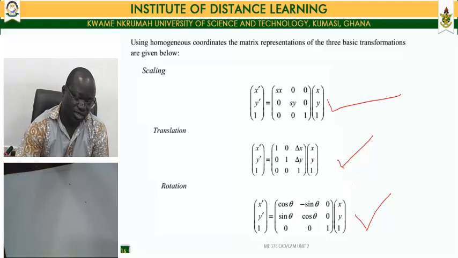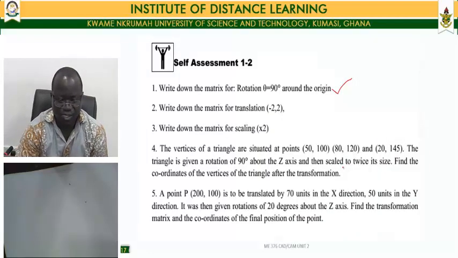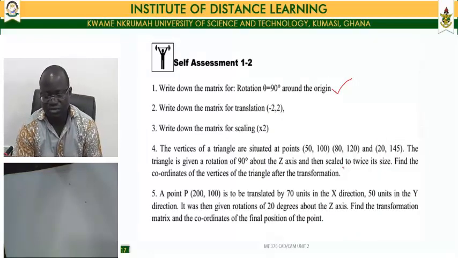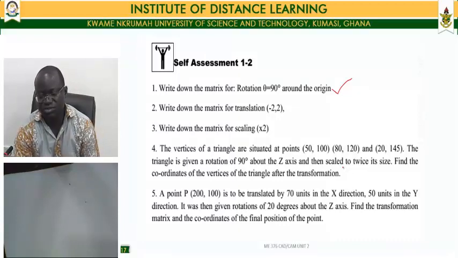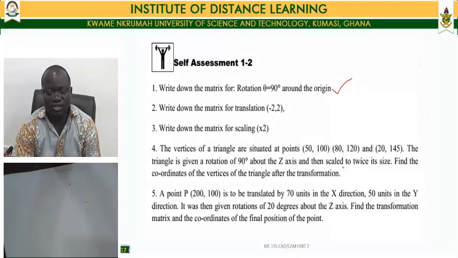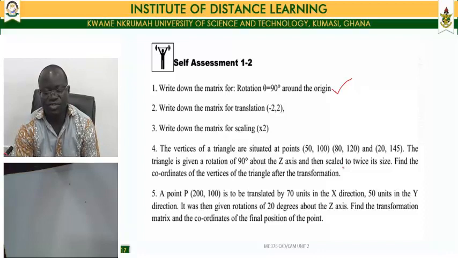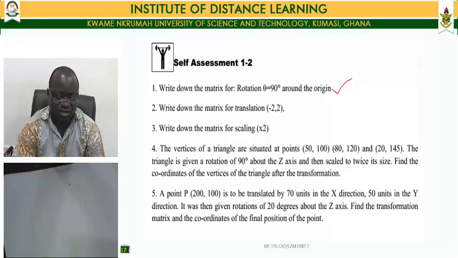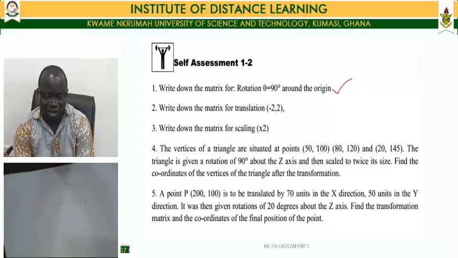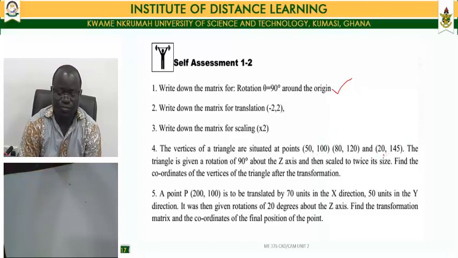Now, you can answer some of these questions here. You have a vertex of a triangle, which is these points, and the triangle is first given a rotation about z and then scaled to twice the size. You will have to find the coordinates of the vertices of the triangle after this transformation.